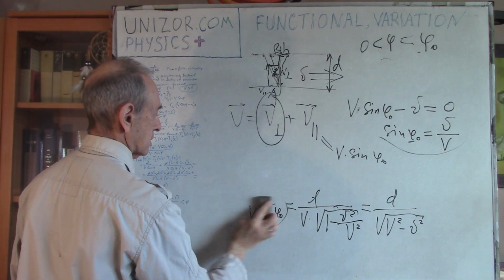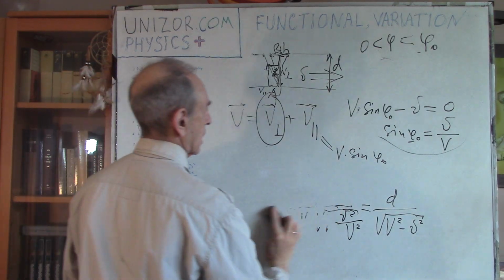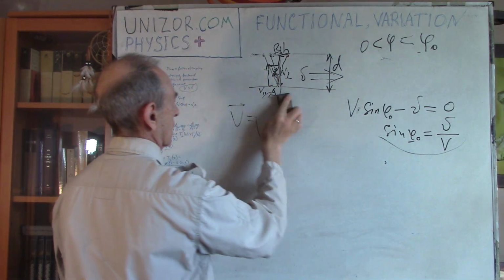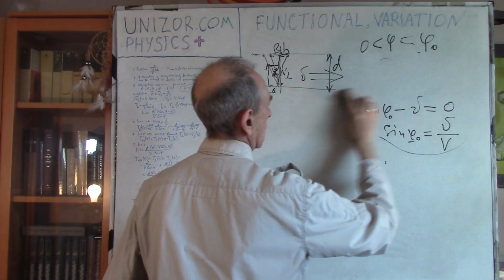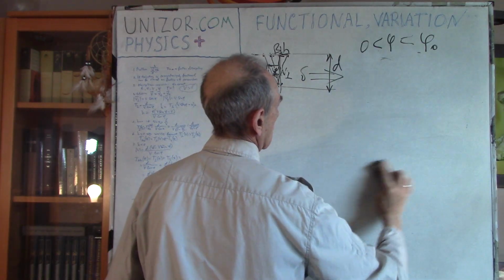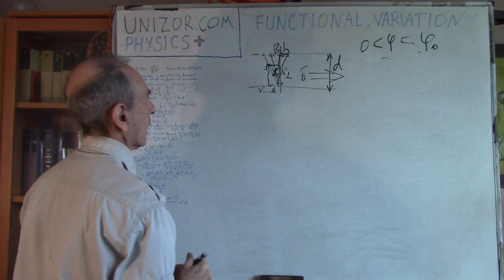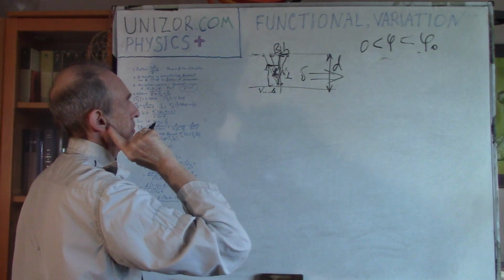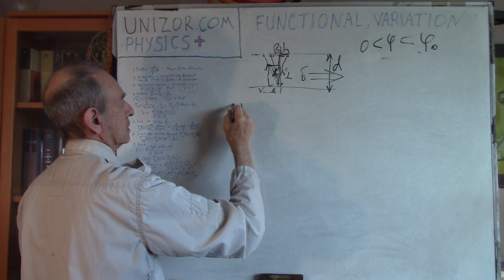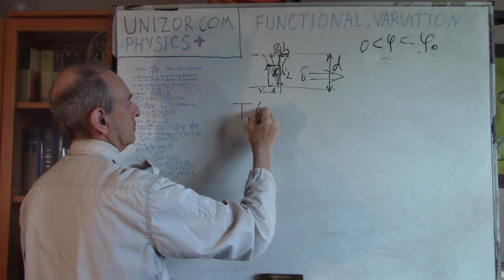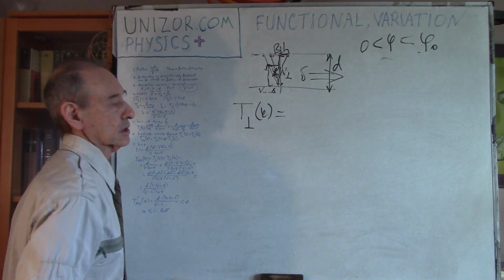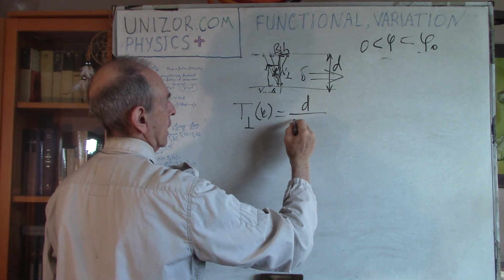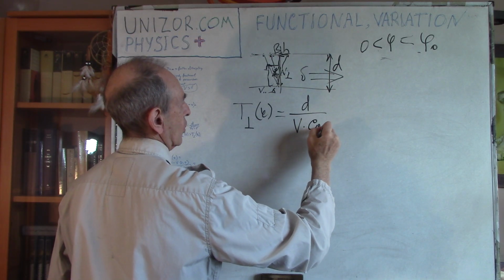So for any angle phi in this particular range, you have time t of phi, which is d divided by v times cosine phi.